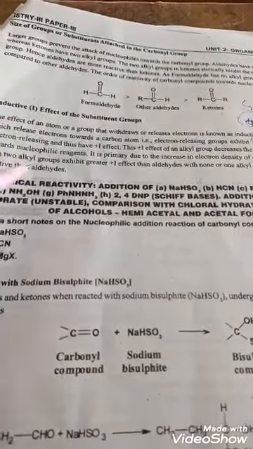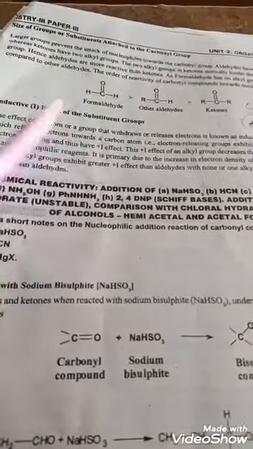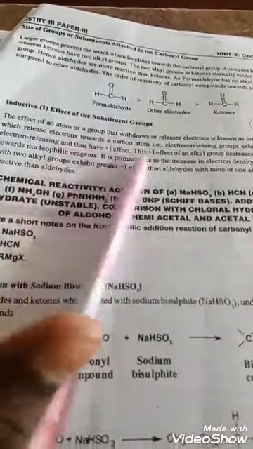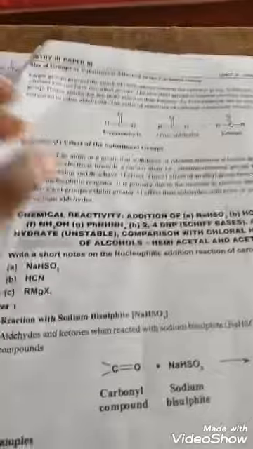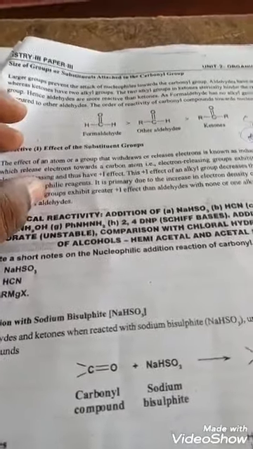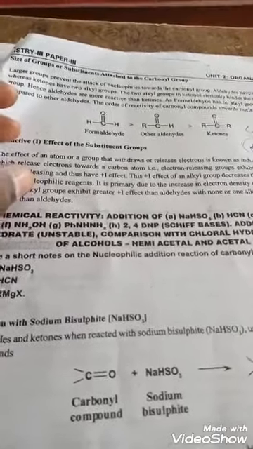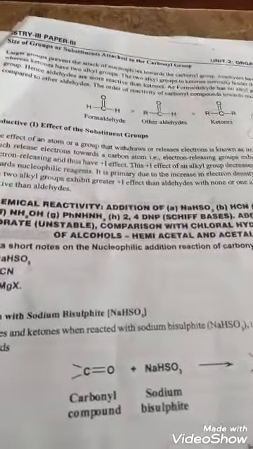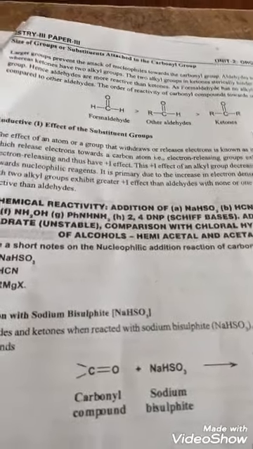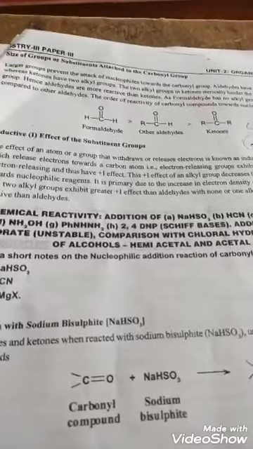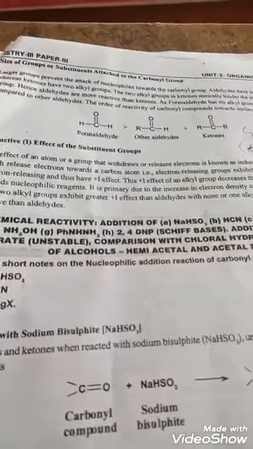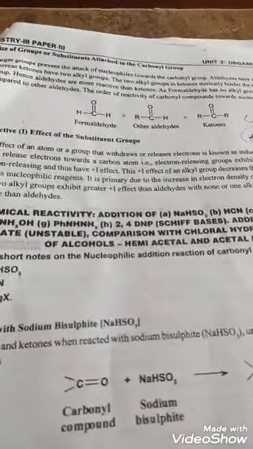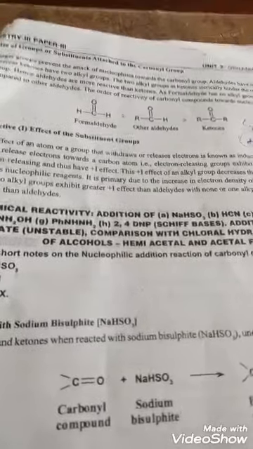So these two are also important. In previous classes, and in first year also, we discussed the inductive effect, the mesomeric effect and hyperconjugation. These three have similar properties: the inductive effect withdraws and releases, the mesomeric effect withdraws and releases, and hyperconjugation also. But the point is where the atoms are present.